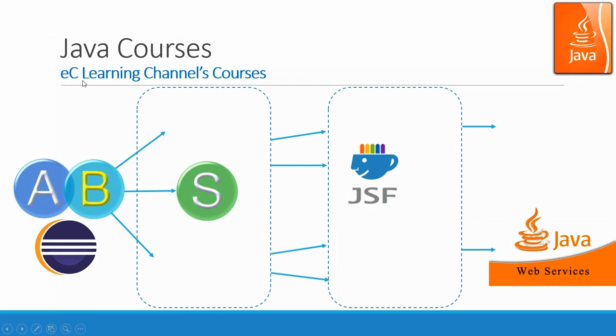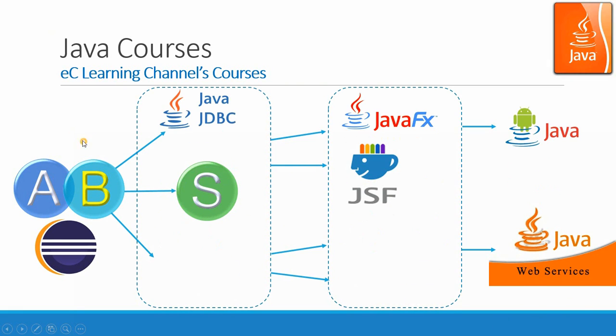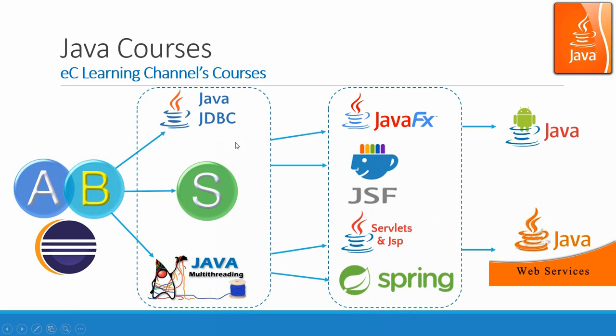Java courses on the Easy Learning Channel: we have the A-B courses on Java Programming Essentials and Java Object-Oriented Programming, and this course we call the S course for Swing. And in this middle layer, it is database and multi-threading, we call it the service layer. And above that, we have JavaFX driving these web and multi-threading functions and the graphics engines to support the system functions.